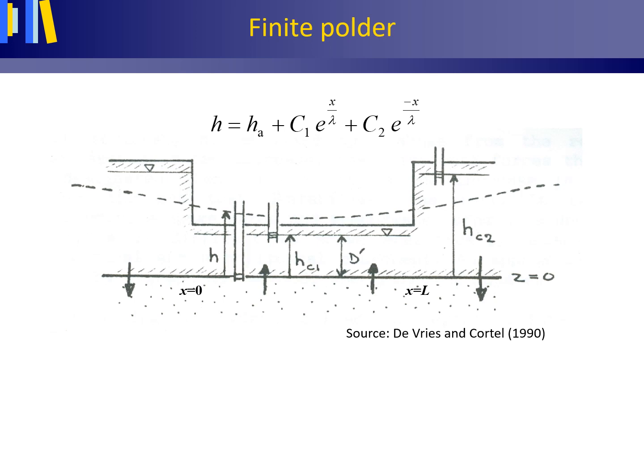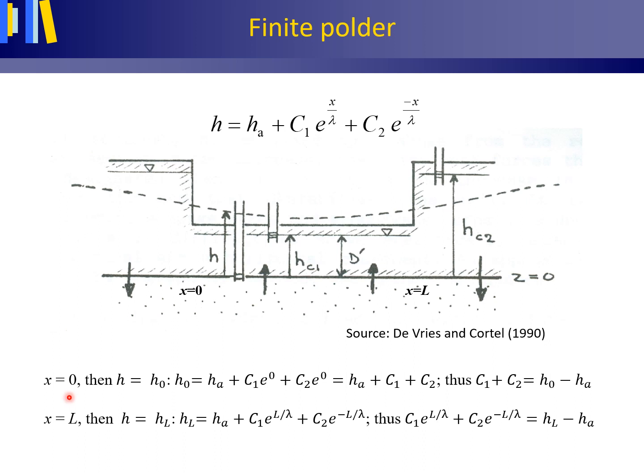For a finite polder, as shown here, the boundary conditions, with both a fixed left boundary and fixed right boundary, are: when x is 0, h equals h0, and then h0 equals ha plus c1 e to the power 0 plus c2 e to the power 0. E to the power 0 is 1, so h0 equals ha plus c1 plus c2, and thus c1 plus c2 equals h0 minus ha.